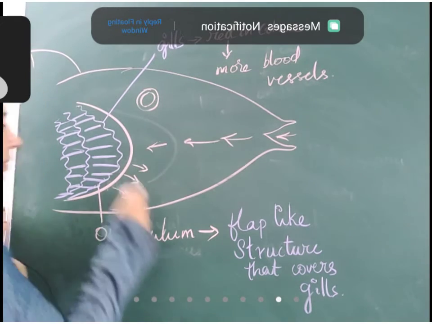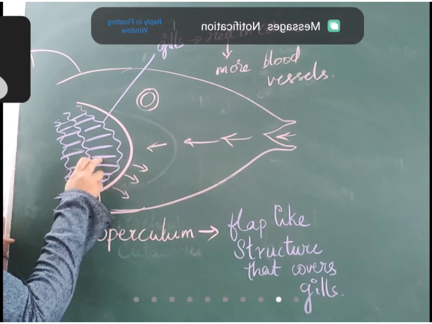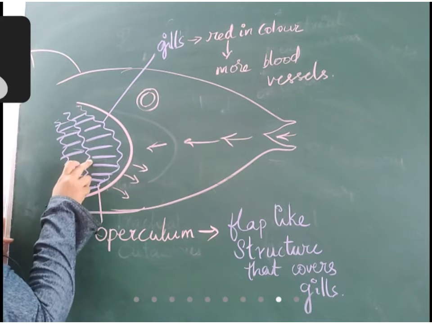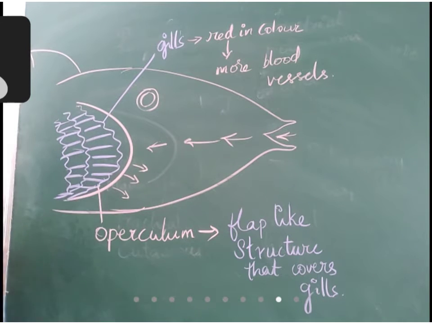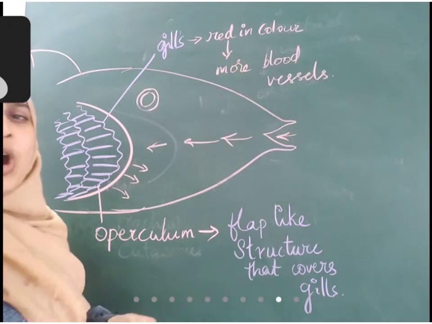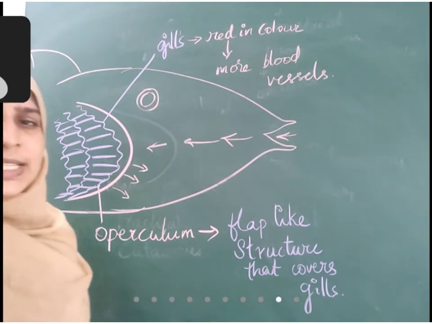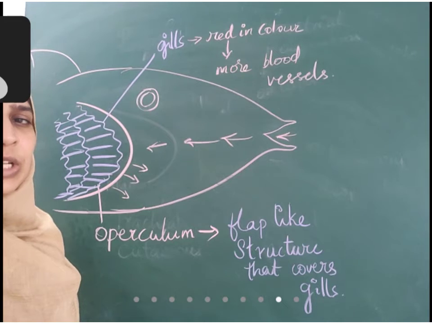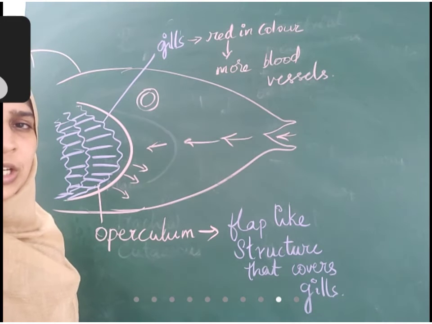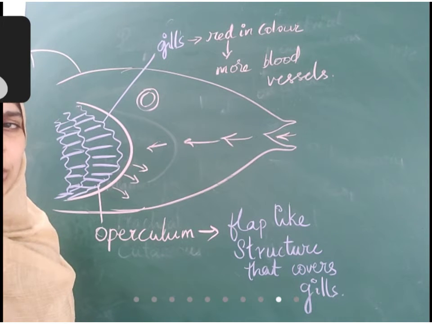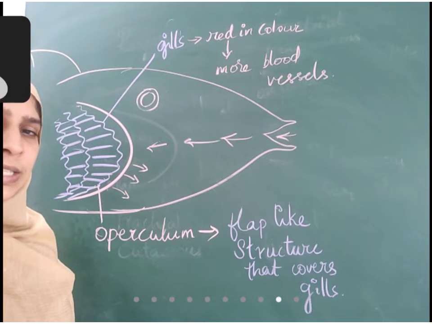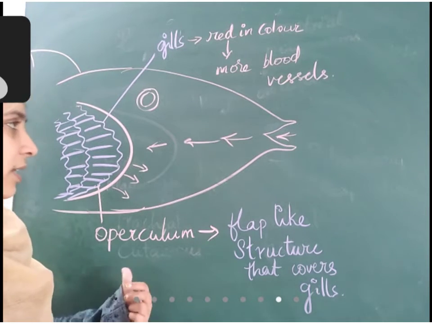During that time, water is passing over the gills, where blood vessels are present. So the oxygen exchange occurs directly between the blood vessels of gills and the water. Water has oxygen in it that will enter into the blood vessels in gills, and blood vessels in gills have carbon dioxide that enters into water.